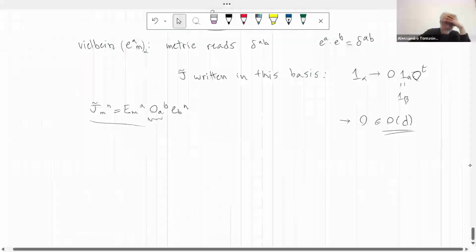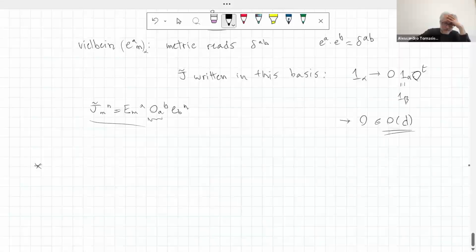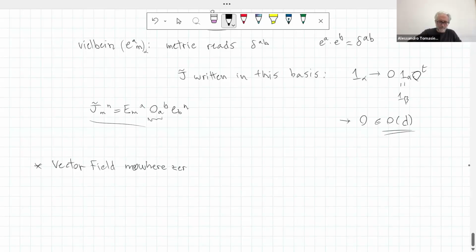Some examples. If you have a vector field that is nowhere zero, well, then this O alpha beta, here I suppressed the alpha beta indices, but perhaps it was not a good idea to suppress them.